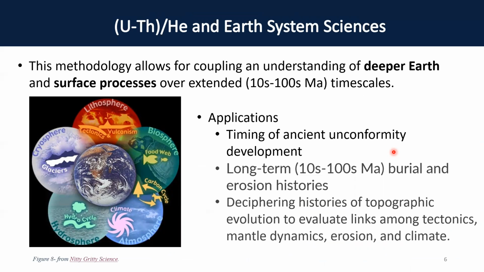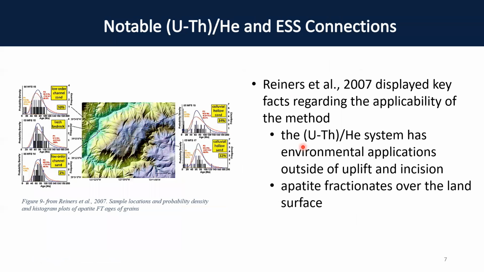This is something that is traditionally not very easy to do, that coupling of both the deep Earth and the surface process, and looking at older, longer timescales, older applications. So some current applications are to look at unconformity development, long-term burial and erosional histories, and histories of topographic evolution, and specifically relating these to tectonics, mantle dynamics, erosion, and the climate.